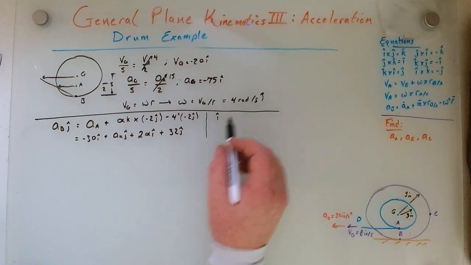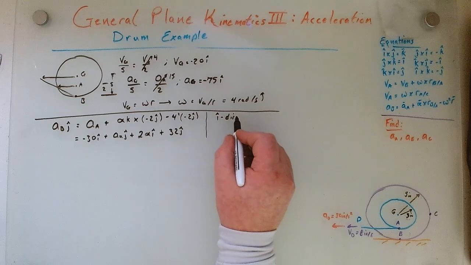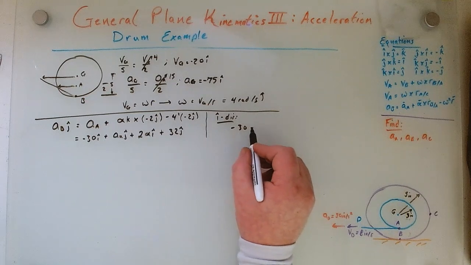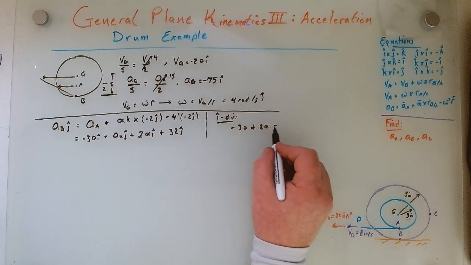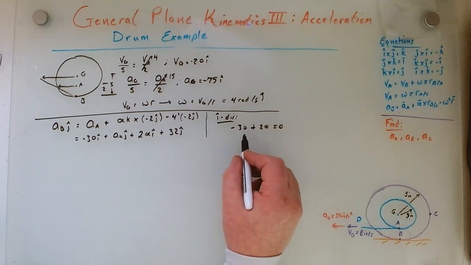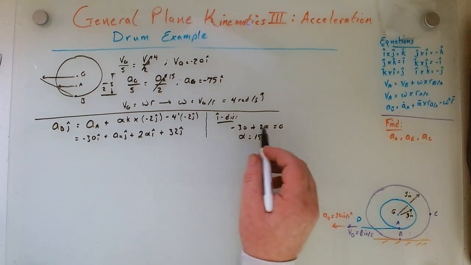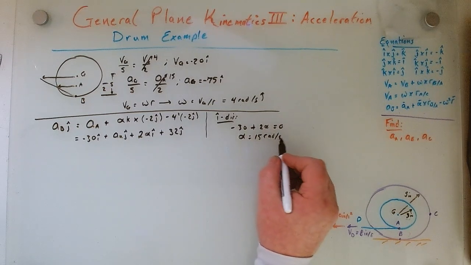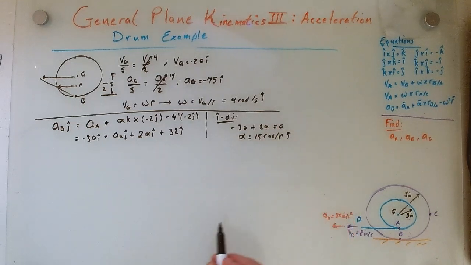So in the I direction, we have minus 30 plus 2 alpha equals 0. So that means that alpha equals 15, and since this is a positive number, this is 15 rads per second squared, and that should be that way.